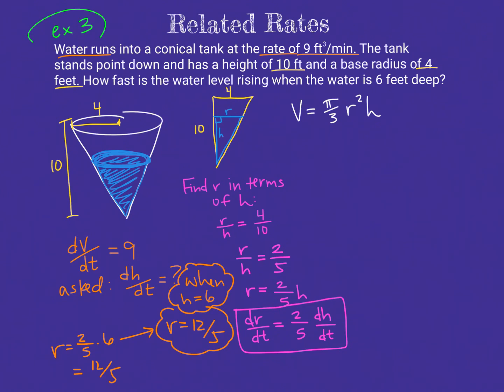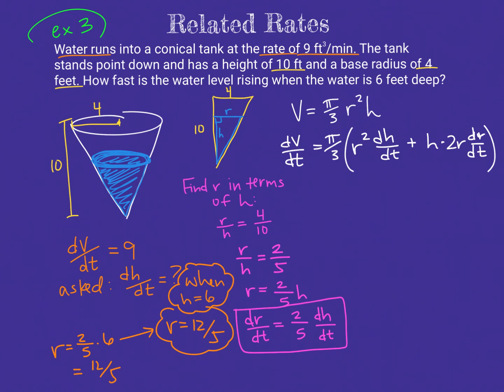So way 2 is finding dv dt, differentiating with respect to t, bring the pi over 3 out front, and then use the product rule. The product rule is u times v prime plus v times u prime. So it's r squared times the derivative of h, which would be r squared times 1 dh dt, which is just dh dt, plus h times the derivative of r squared with respect to t, which would be 2r dr dt.